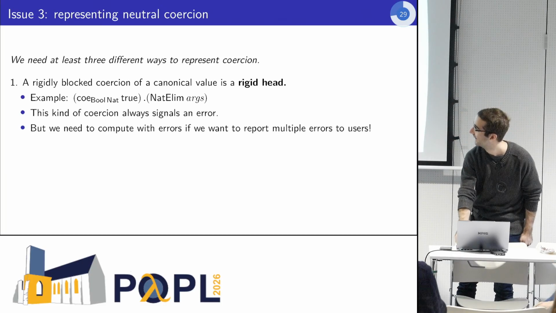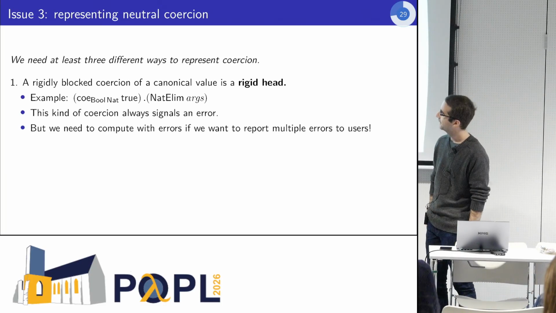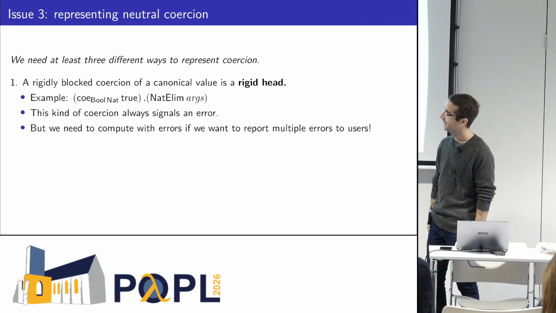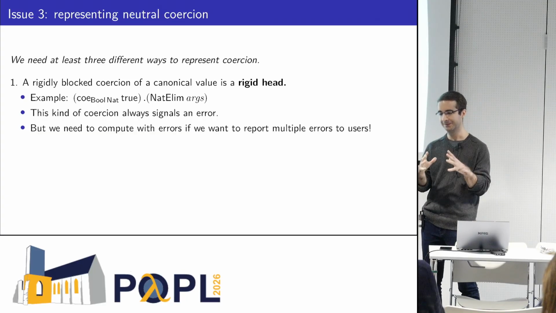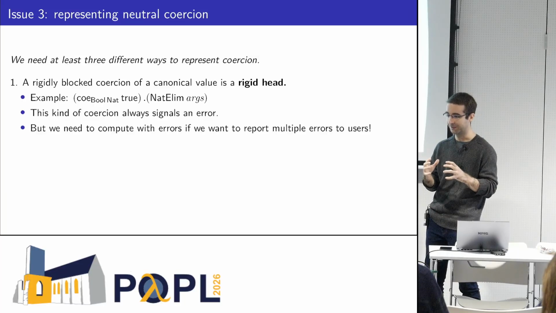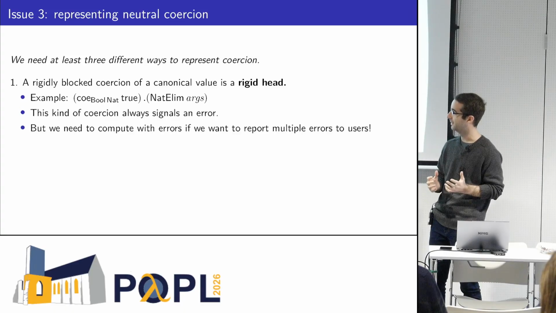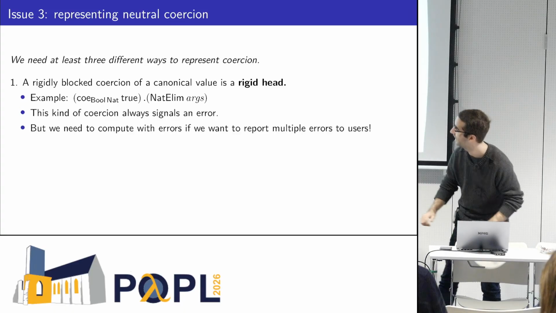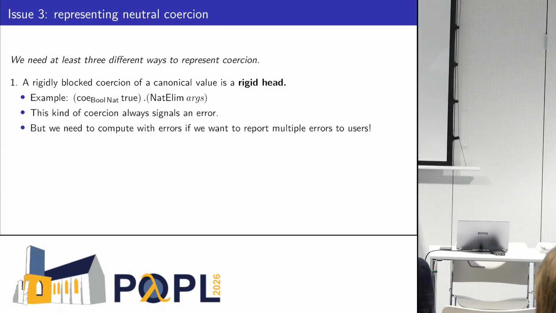So the first case: what happens if you have something which is actually canonical and then you coerce it using a completely bogus definitional equality? The example here is that you have true, which is bool, in the head, with some kind of postfix elimination, but then you coerce it to Nat, which is completely bogus. But then you eliminate it as a natural number.